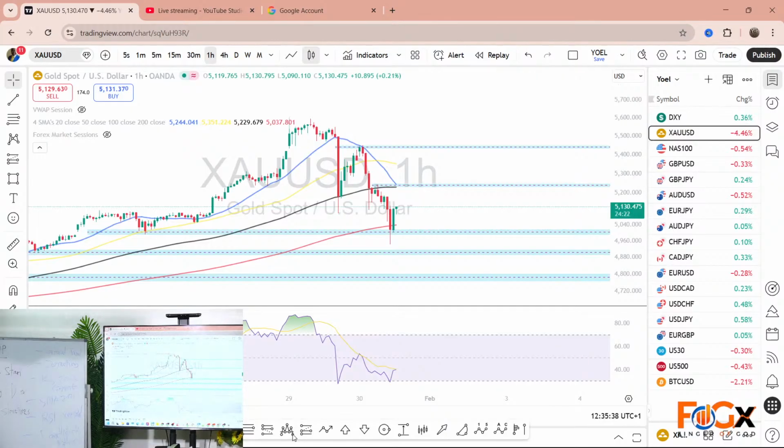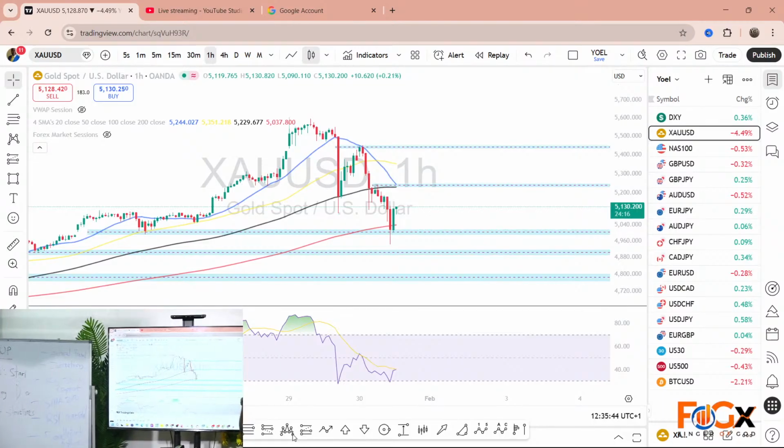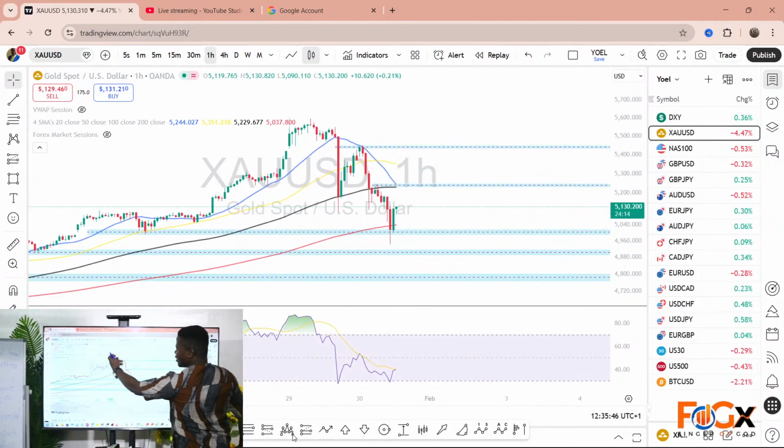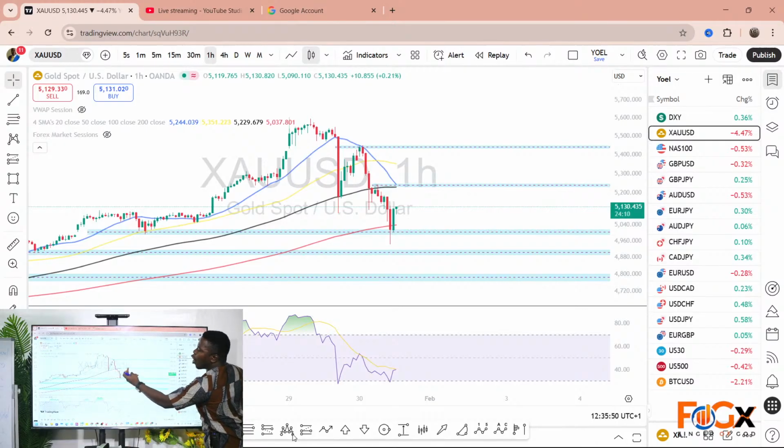Number 2, if it's going to sell further, you need to come back to this zone, which is not there yet. You just did a lower low, and you can't sell from lower low.